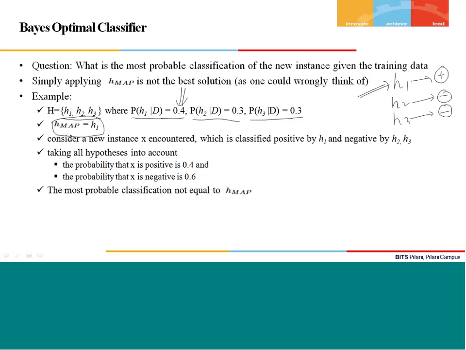Now, if you consider all the hypotheses together, the probability favoring a positive classification is only 0.4, and the probability favoring the negative classification is 0.3 plus 0.3, which is 0.6. So if you consider all the hypotheses together, you can do much better than if you only consider HMAP.